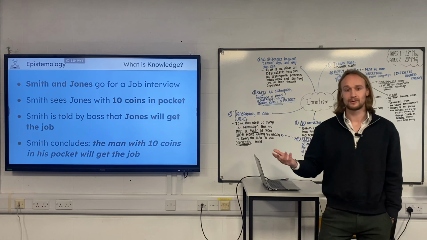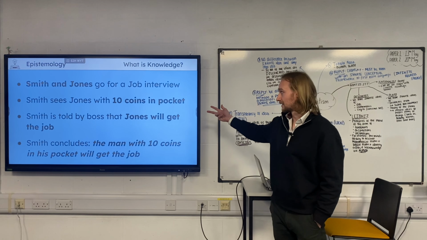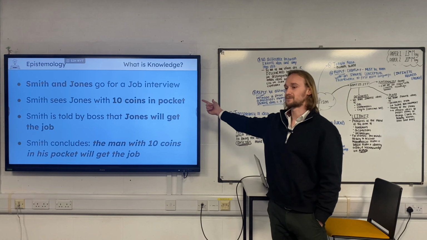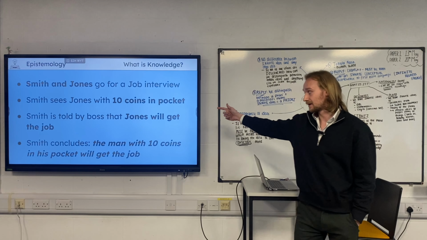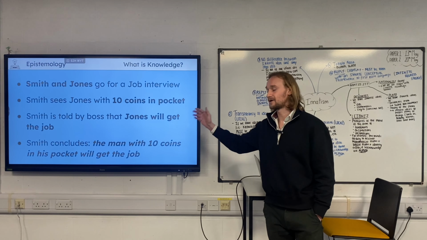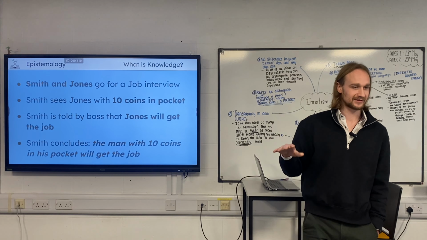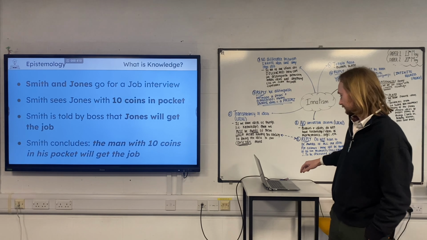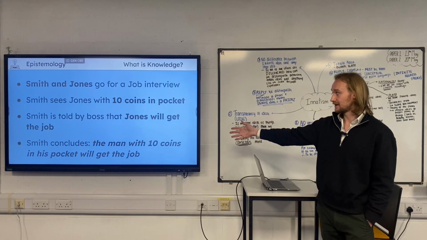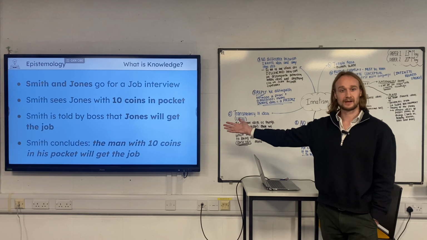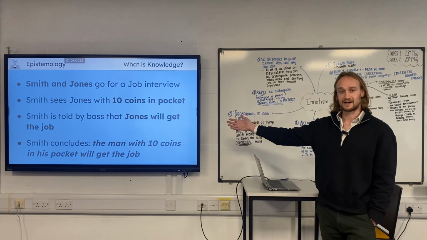So he comes to the conclusion, on those two premises, that Jones has 10 coins in his pocket and Jones will get the job, that the man with 10 coins in his pocket will get the job. That's his quirky conclusion. And he's justified here. He has quite a good, what seems like a deductive argument here.